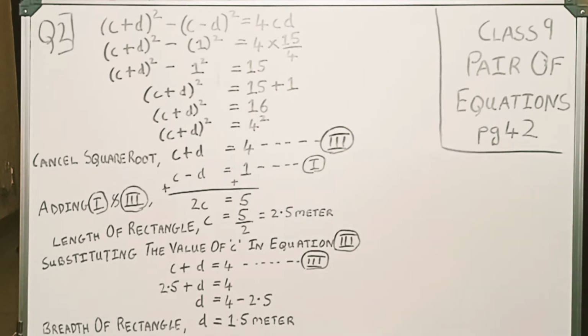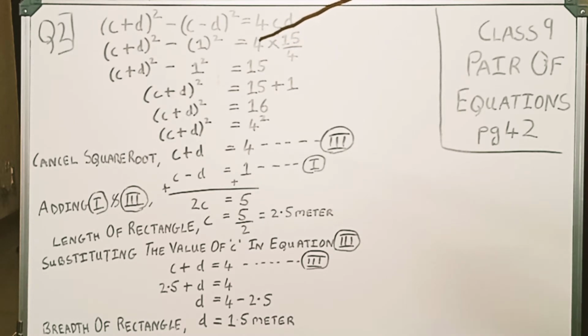We had seen previously c plus d the whole square minus c minus d the whole square equals 4cd, taken from equations number 1 and 2. Equation 1 states that c minus d is 1, so instead of that you have to put 1 the whole square, and instead of cd we will put 3/4.